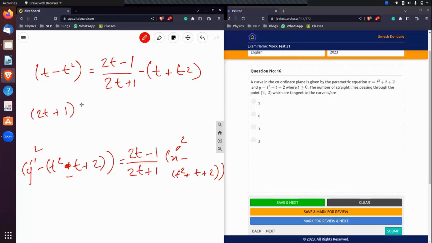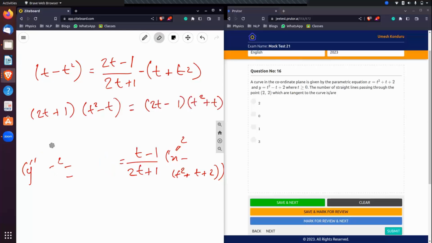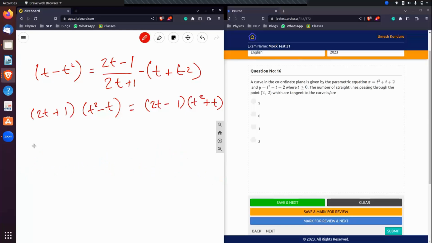So each t will represent a single point. This was going to be a simple quadratic equation, but this term gets cancelled out, and also a t gets cancelled out.